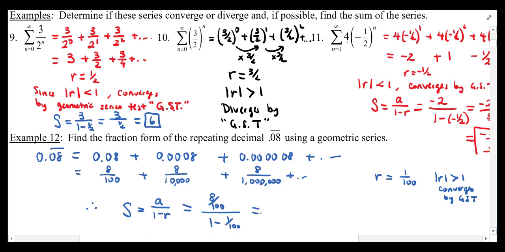So this becomes 8 over 100 over 1 minus 1 over 100, that'll be 99 over 100. And voila, the answer here as a fraction is just 8 over 99. Cool, eh?